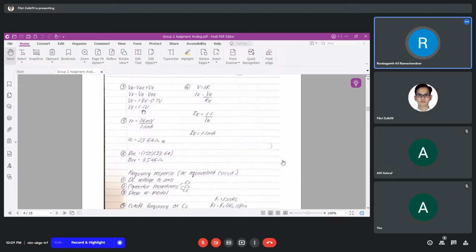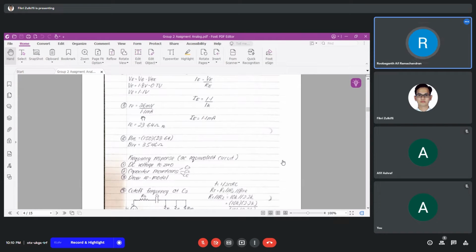That's our voltage VE. Then using the simple formula V equals IR, we can find IE, where IE equals VE divided by RE, which is 1.1 divided by 1K. So we get our IE value as 1.1 milliampere.